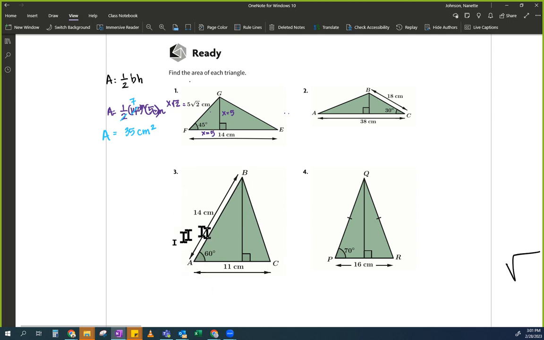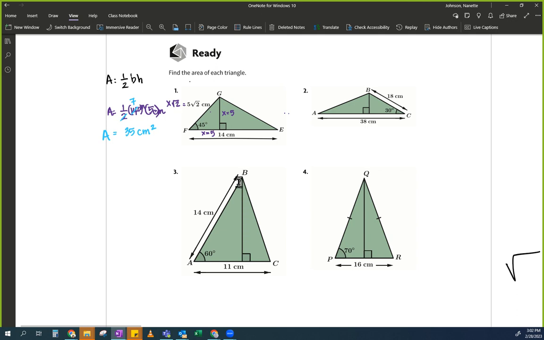Same thing looks here, except for now we're using our 30, 60, 90 triangle, right? So in our 30, 60, 90 triangle, what is this side right here? What is this side? And clearly we already know this side. But what is this side here? How long is this side of the 30, 60, 90 triangle?